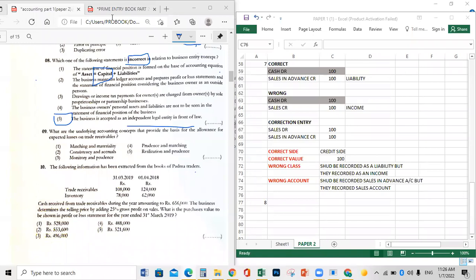So there is a concept called Prudence Concept, which says if you know that in the future you're going to have an expense due to a current transaction, Prudence Concept says don't wait till the future. Record it now. So guys, the Prudence Concept will be the answer.